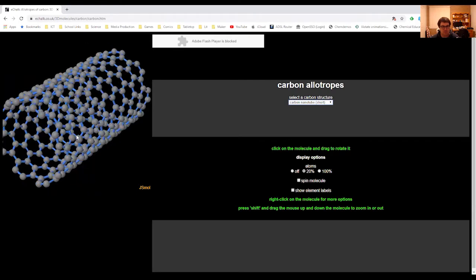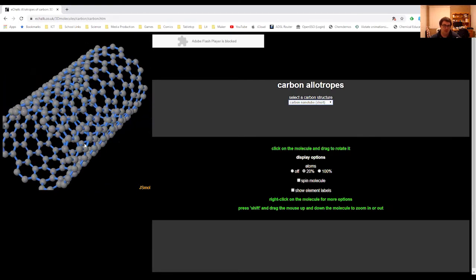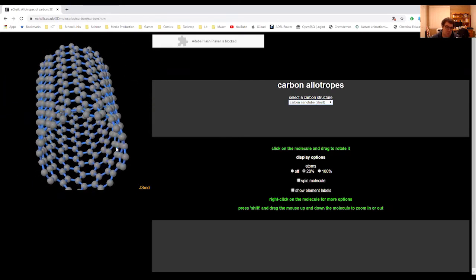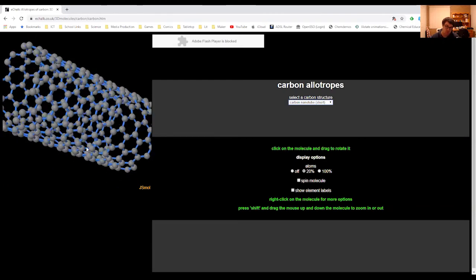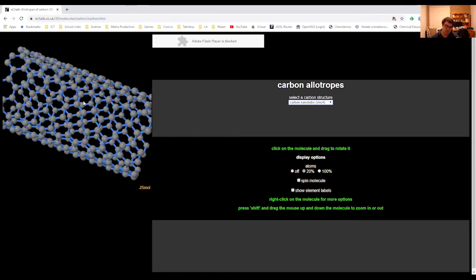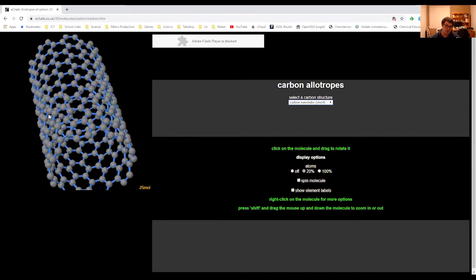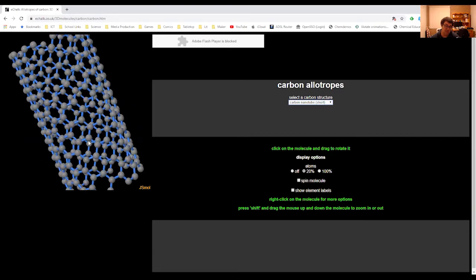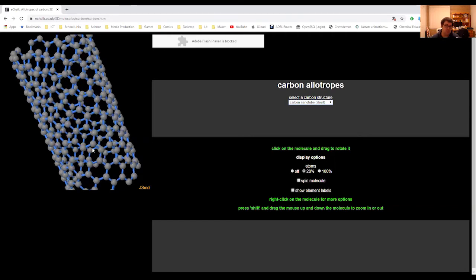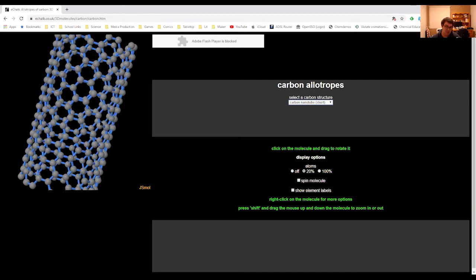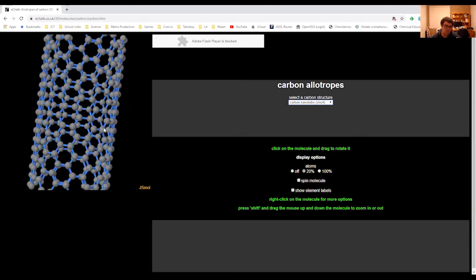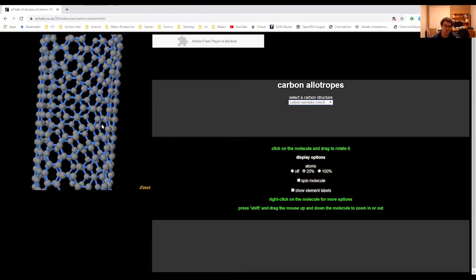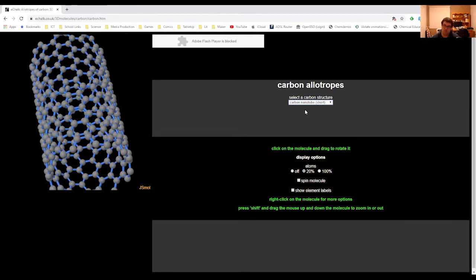Effectively, if you could get these long enough, they would have a higher strength to weight ratio than steel. Of course, getting them long is a big engineering challenge. But there's no reason why you can't have a rope made out of a plastic-like polymer material that has these structures embedded within it. They can be quite short, but as a composite material, it can be quite strong. I'll look at a long version of that.